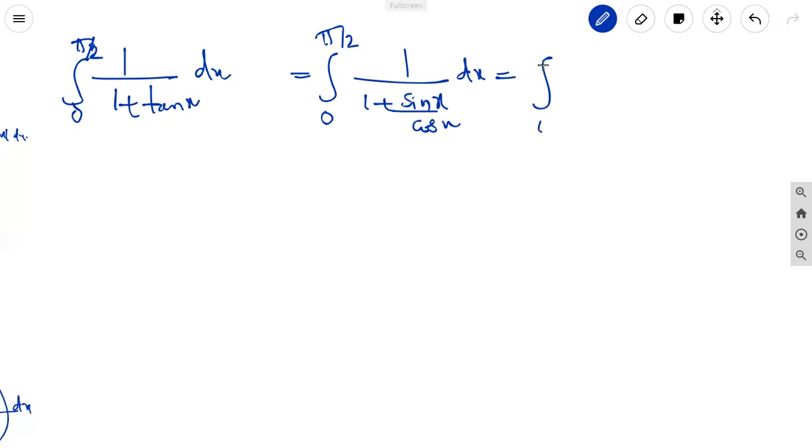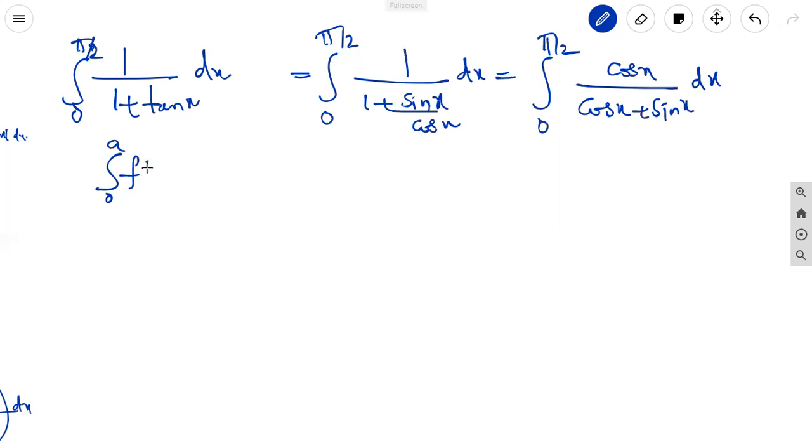Taking the LCM, 0 to pi by 2, the denominator becomes numerator, cos x by cos x plus sin x. When you are observing in the question, cos and sin both are there in the numerator and denominator. If the numerator has only one function, either cos or sin, then immediately you follow the property integral 0 to a f of x dx is equal to integral 0 to a f of a minus x dx.